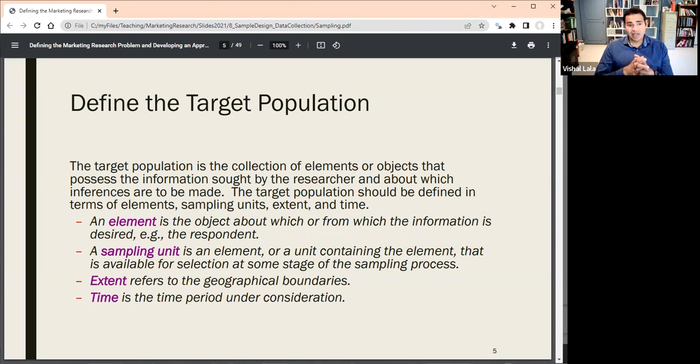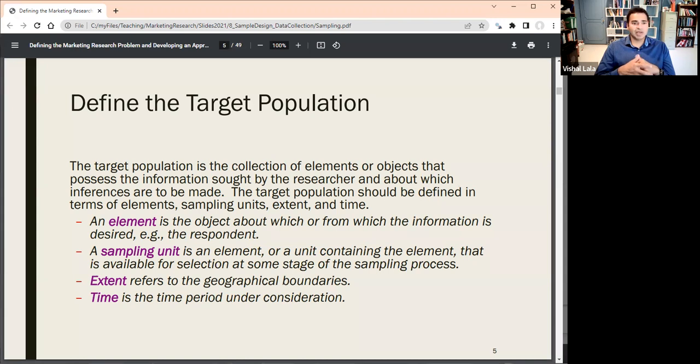This could be an individual person. It could be a family or a household. It could be a department, could be a company. So the target population may have one individual or many individuals as part of it. Furthermore, a target population may be defined more narrowly as fulfilling certain characteristics.